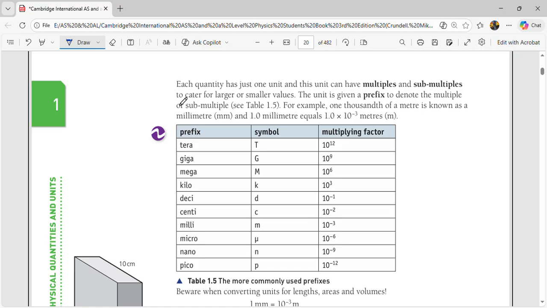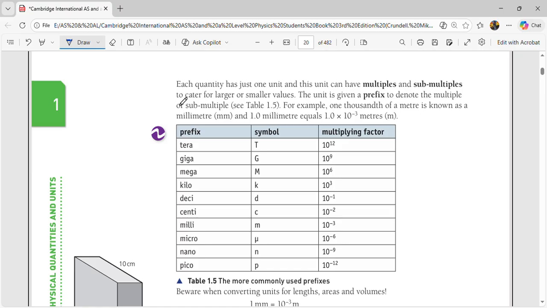So we use prefixes to denote multiples and submultiples of units.